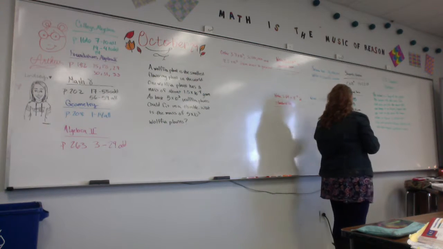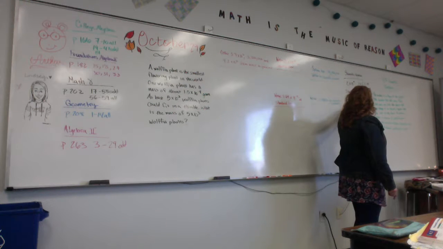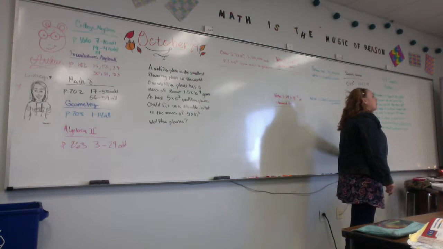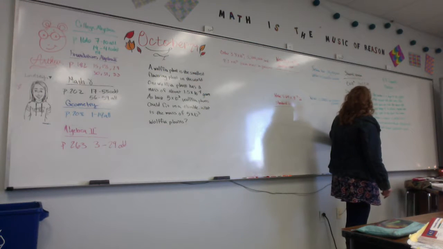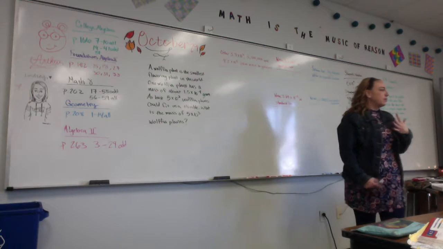So if I have a decimal, or a smaller number going to a larger number, I'm going to have negative exponents. If I have a large number going to a smaller number, I'm going to have positive exponents. That's how I remember it.